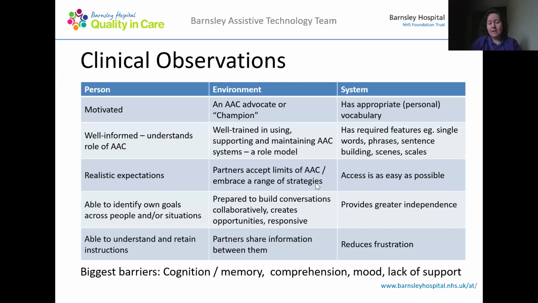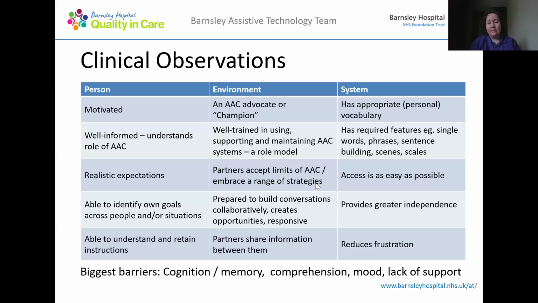And I've noticed as well that there's a bit of memory difficulty, so we'll see how it goes for this person. Comprehension: if somebody's finding it difficult to understand more than a few keywords, they might find some of the systems a bit harder to use. And then mood can have an impact. Sometimes people find it hard to adjust to using AAC, or for other reasons, it might mean they're finding it hard to practice using the equipment because of how they're feeling.